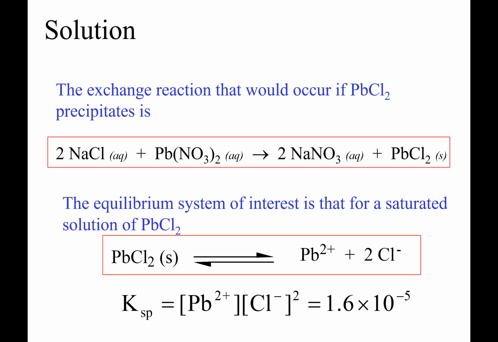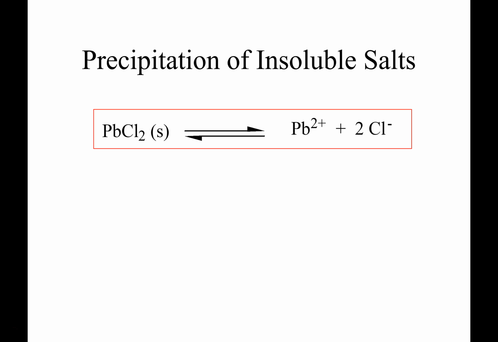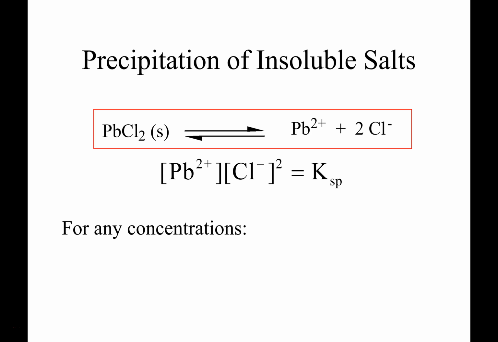We're going to do a QSP compared to KSP and see what we got. All right. The difference between the KSP expression and QSP is what I've been saying is a snapshot. It may or may not be at equilibrium.